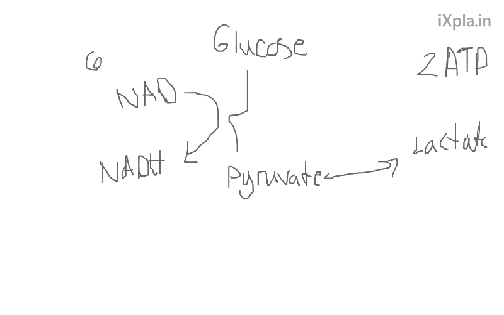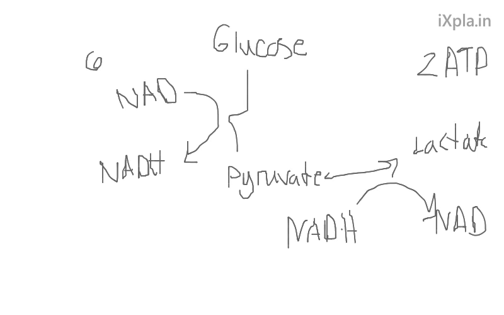You're missing NAD, so you can't form pyruvate, so you can't keep the process running, and thus you can't form energy. Everything will stop. Luckily, the process of going from pyruvate to lactic acid takes NADH and reforms NAD. So you're probably thinking, what's the point of that?